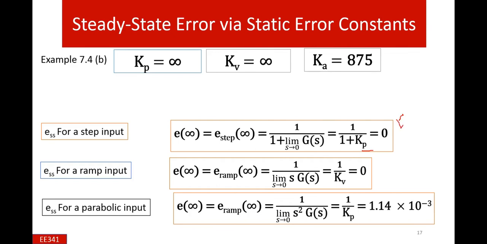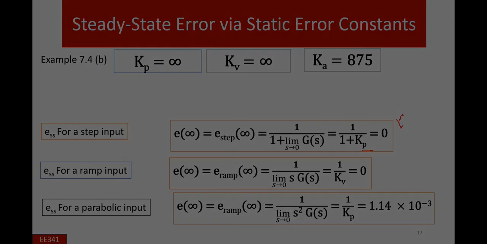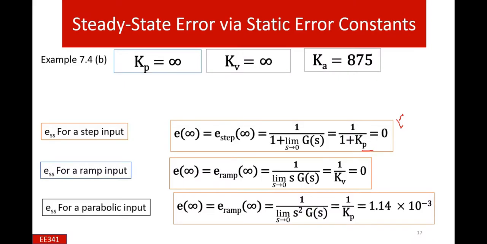So the steady state error is 0 in terms of Kp. It means if we apply a step input to the type 2 transfer function, the steady state error is 0. And similarly, if we apply the ramp input, then once again the steady state error is 0.